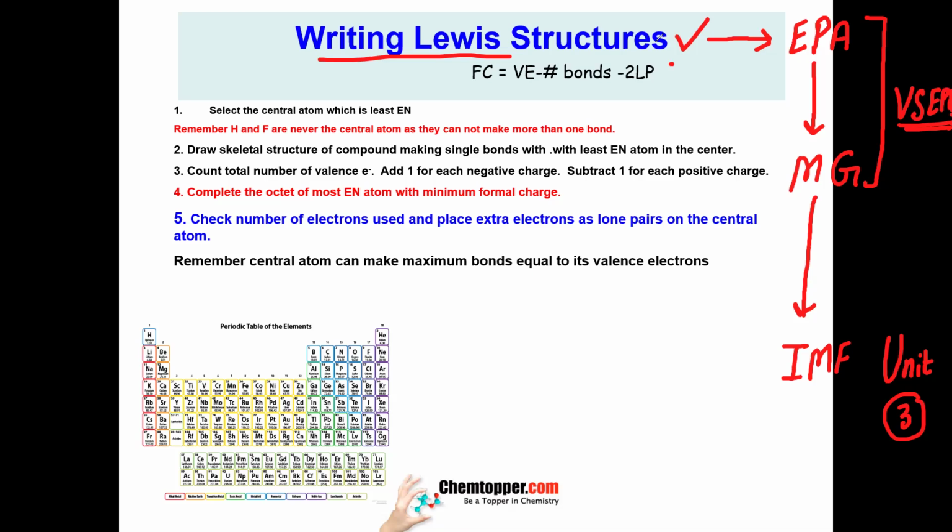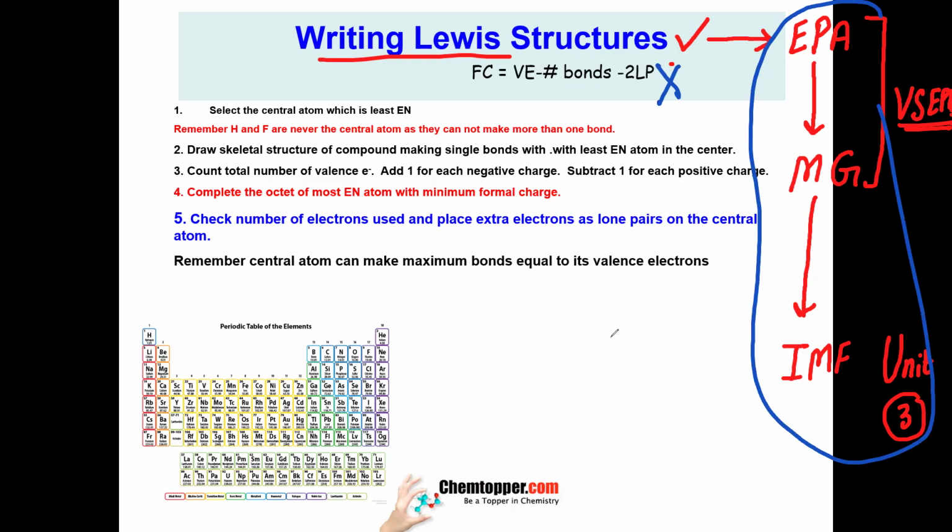After that, VSEPR, EPA, IMF, they are very simple. They are not tough. But please understand, if there is error here, then there is error in all these. It becomes 0 marks. So what is more important? That you draw the right Lewis-Dot structures with correct formal charges, which I feel that all of you have understood so well.